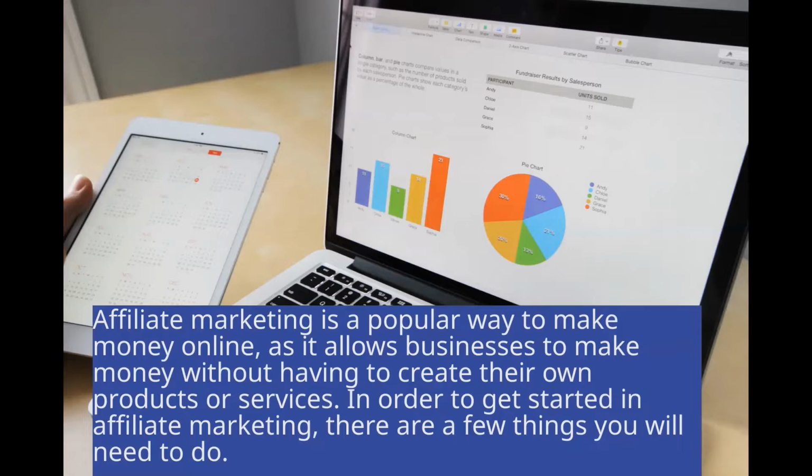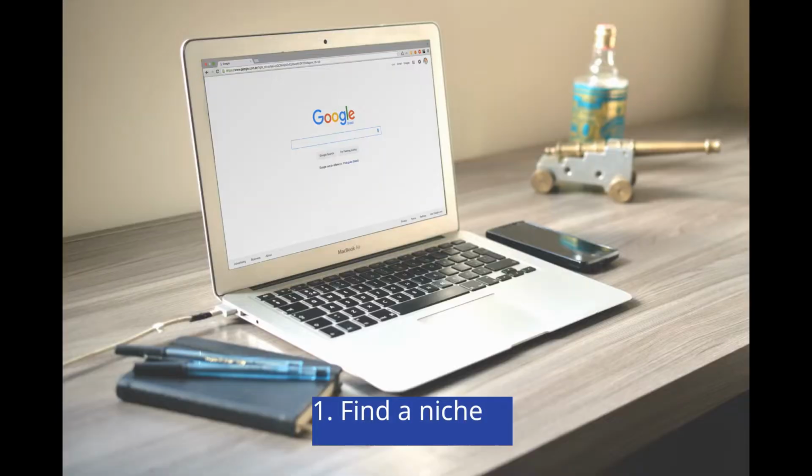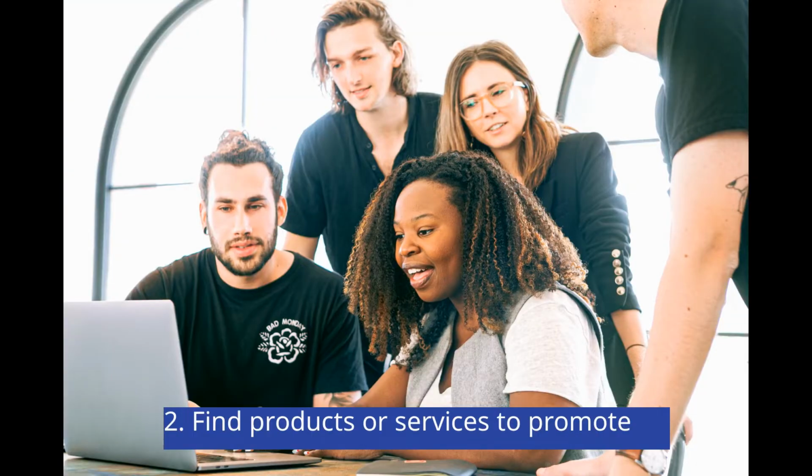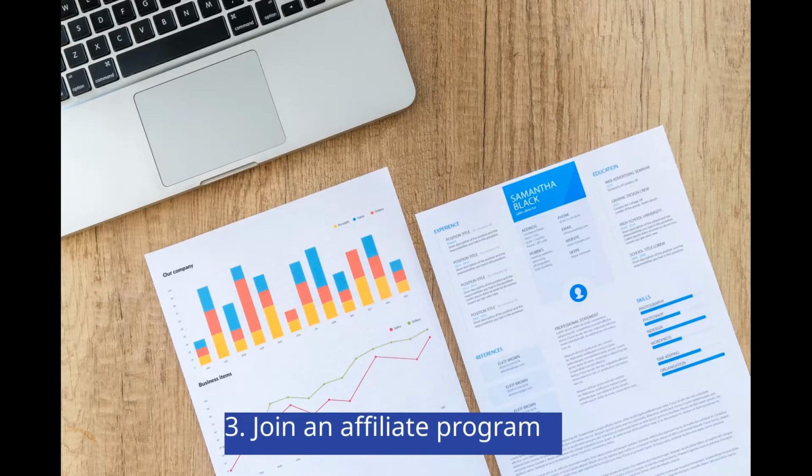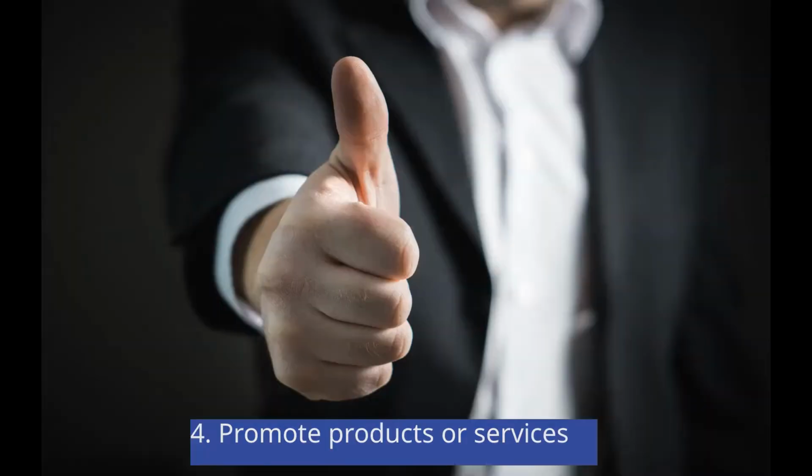In order to get started in affiliate marketing, there are a few things you will need to do. 1. Find a niche. 2. Find products or services to promote. 3. Join an affiliate program. 4. Promote products or services.